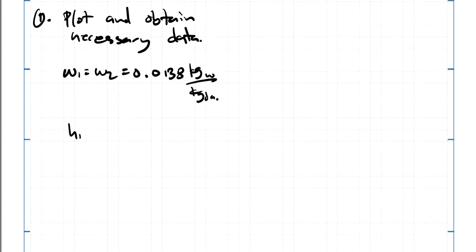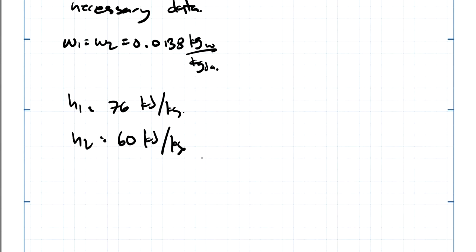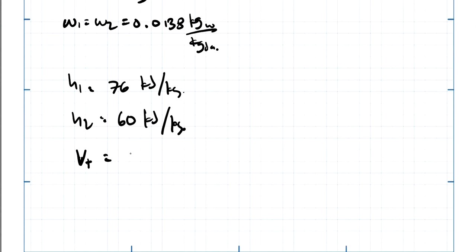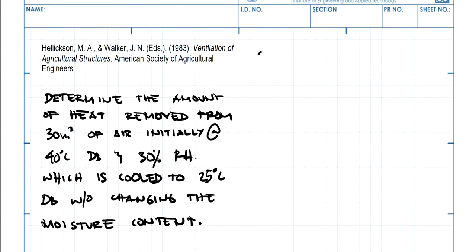Of course you have to write the H1 and H2. And we also have the volume of the air, which is 30 cubic meters.